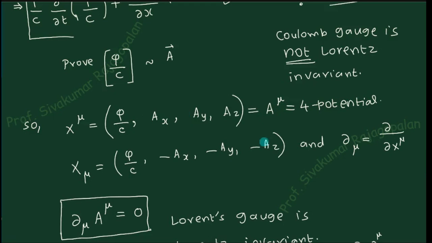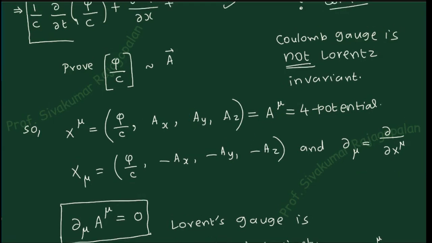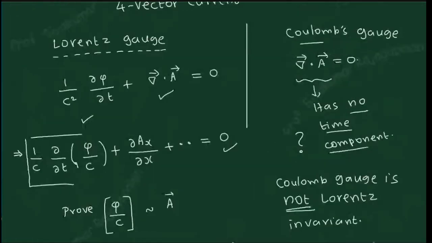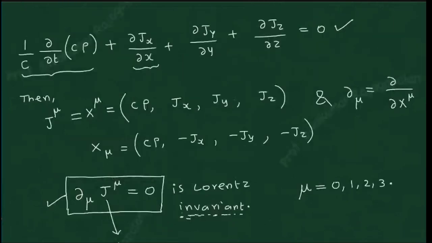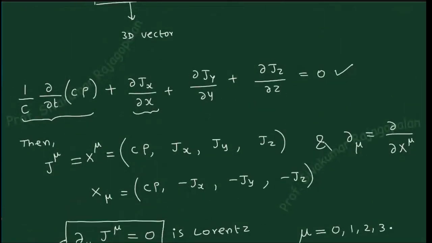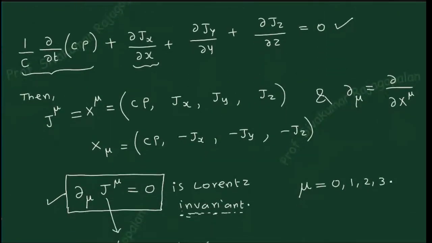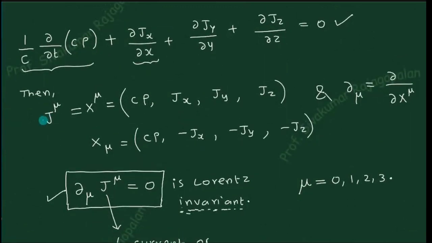That is the first point. And the second point is, when you are talking about the current density, let us go back. Here, this is known as the 4 current. Do you remember? Maybe we have written somewhere, but let me write down here. This is known as the 4 current. Now this 4 current has c into rho as the first element.